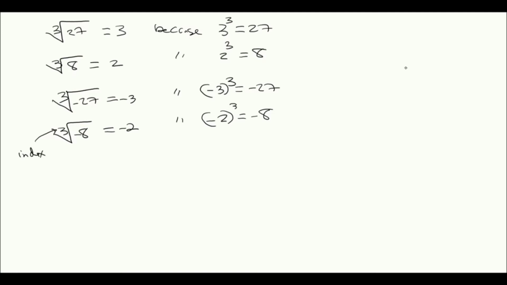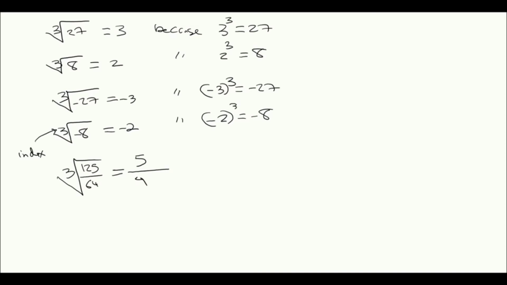So, what about the cube root of 125 over 64? Well, I ask myself, what do I have to cube to get 125? I know that's 5, and what do I have to cube to get 64?